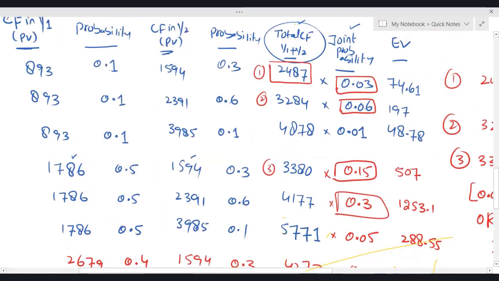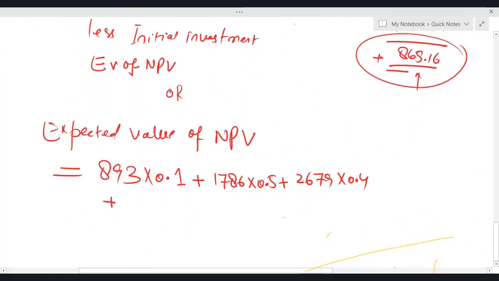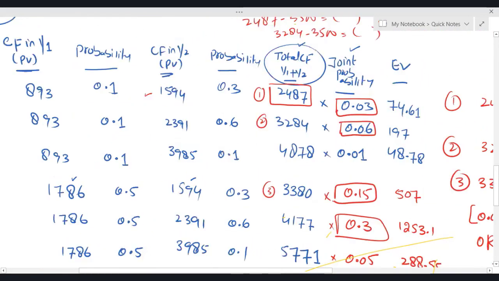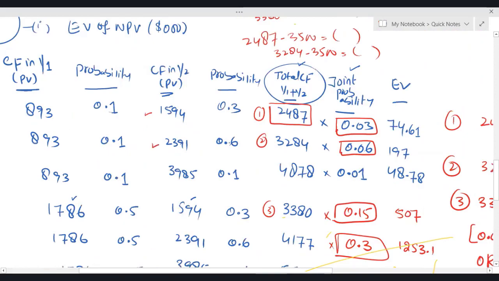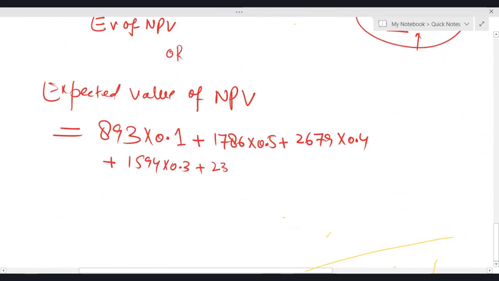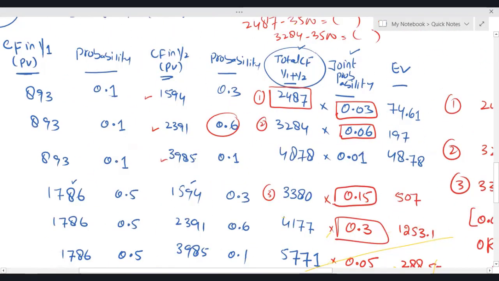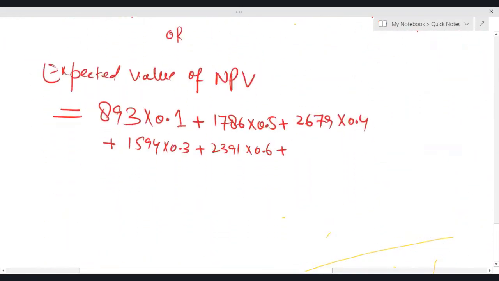Now let's go to the second year. In the second year, there's a possibility that a cash flow of 1594 can come with a probability of 30%. 2391 with a probability of 60%. 3985 with a probability of 10%.